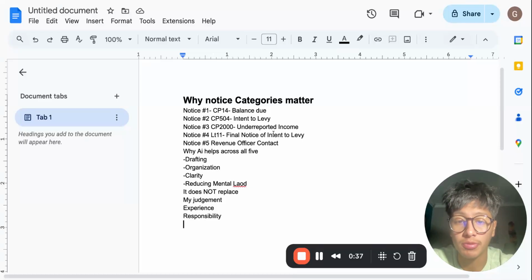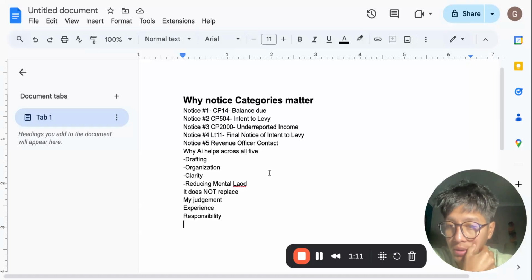The first notice is going to be CP14 balance due. The CP14 is the starting point. What the CP14 means is that the IRS is informing the taxpayer, or you if you got one, that they have a balance due on their taxes. That's it. Why it exists? It informs you that the IRS has processed your return and found that you owe money, and they adjusted your return and determined that you have an underpayment.